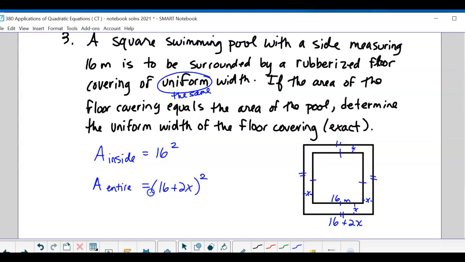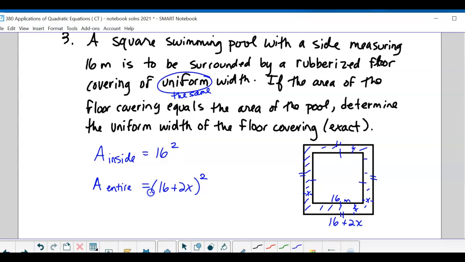So there's a couple ways you can go about doing this. It says the area of the floor covering equals the area of the pool. So how do you get the area of the floor covering? That's this, the entire area minus the pool, okay? And that's equal to the pool, right? So think about that.